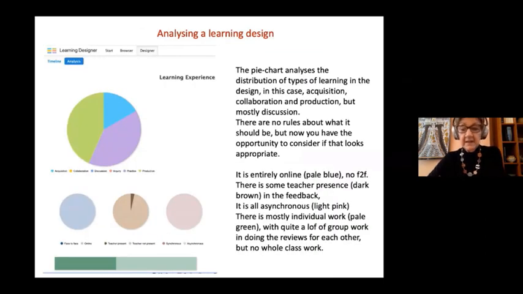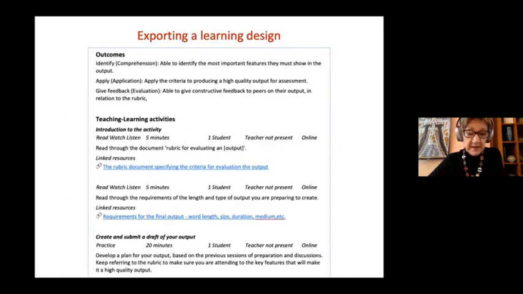Now I've clicked on the Analysis tab, and this allows me to see what kind of overall learning experience I've created for my students. The pie chart shows that it's mostly learning through practice and production.